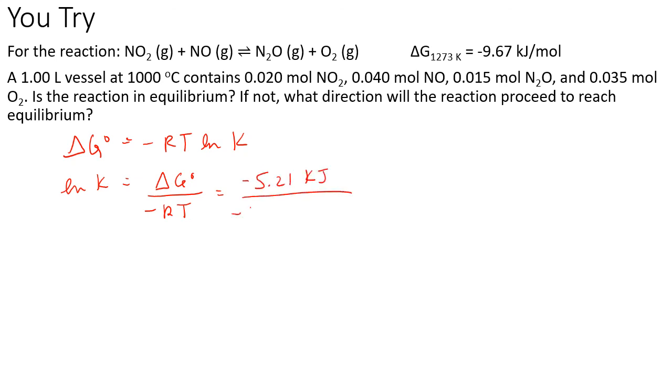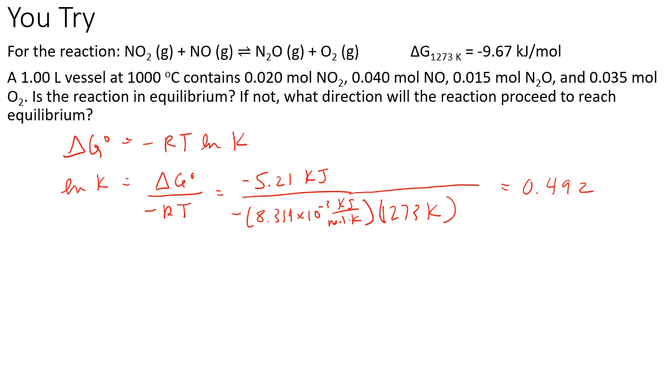Then we have on the bottom negative R, which is our gas law constant, 8.314 times 10 to the negative third kilojoules over moles times Kelvin, times our temperature in Kelvin, which is 1,273 Kelvin. This gives us an ln of K equal to 0.492. To get K alone, we want to take e to the ln of K, e to the 0.492, which gives us our equilibrium constant of 1.64.